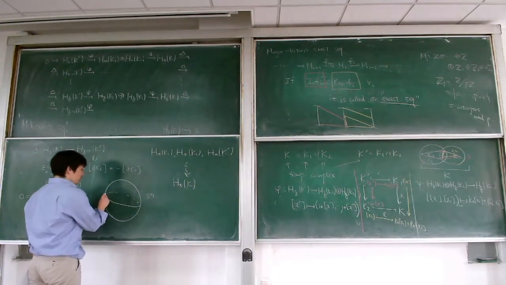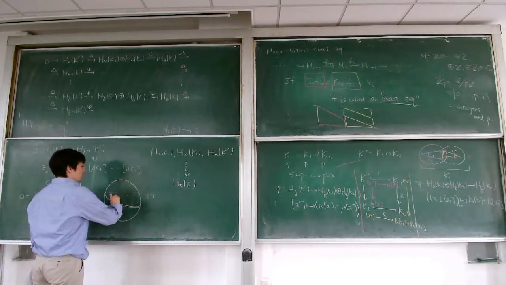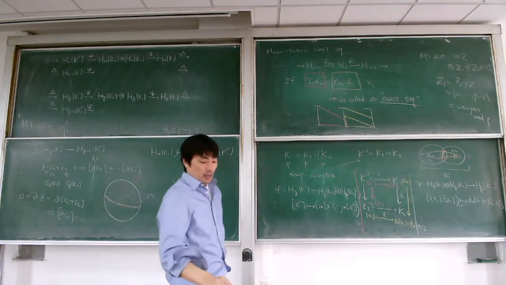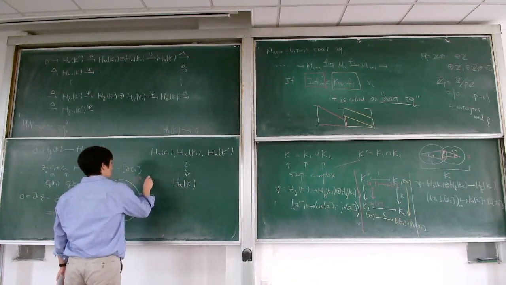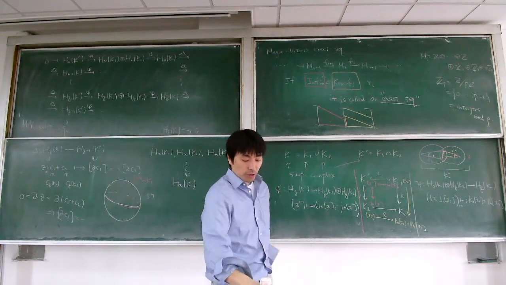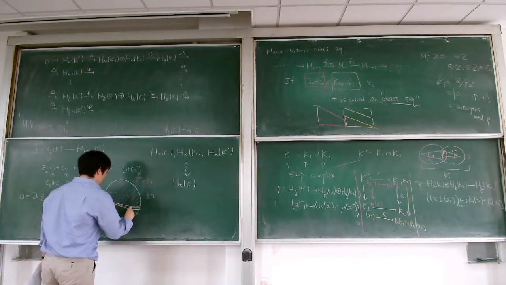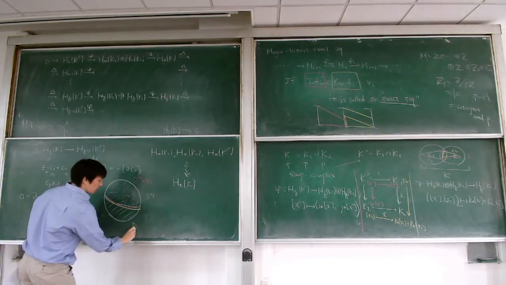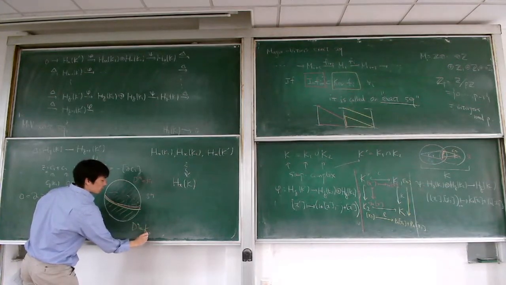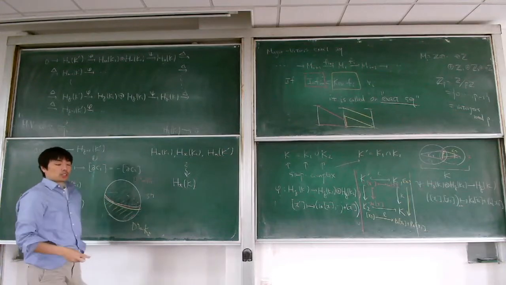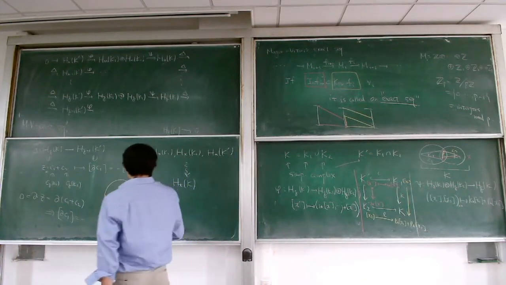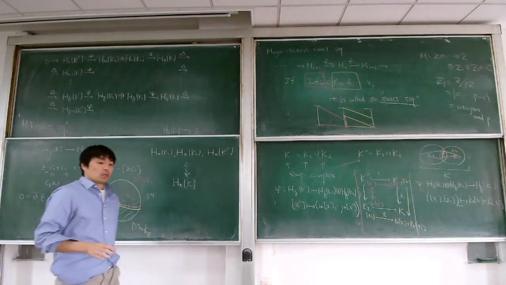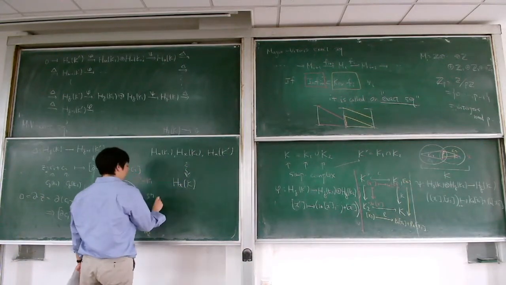The northern hemisphere Dn, I call it K1, and the southern hemisphere Dn, which I call K2, and the intersection is indeed just a sphere. The intersection is K prime, which is Sn minus 1. And the union is equal to K.